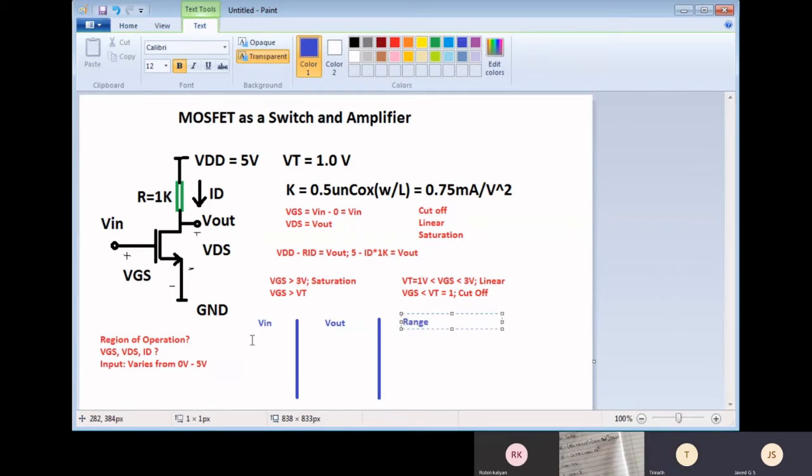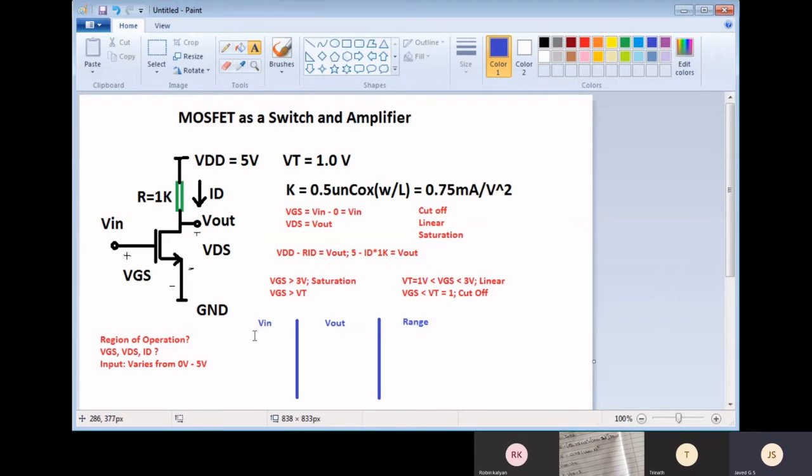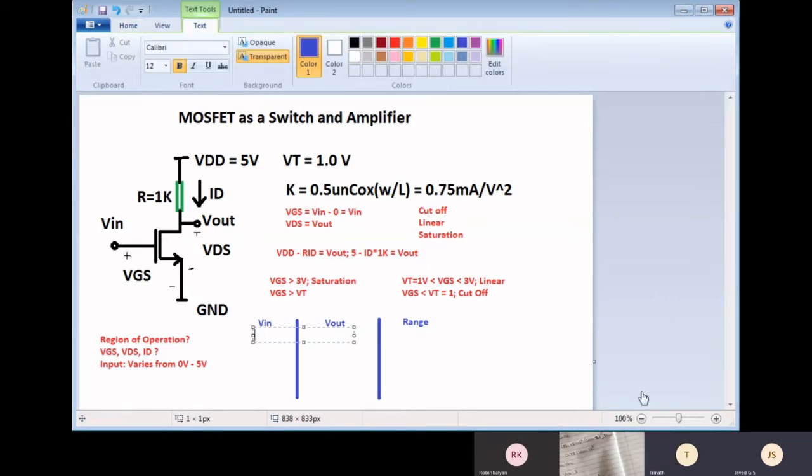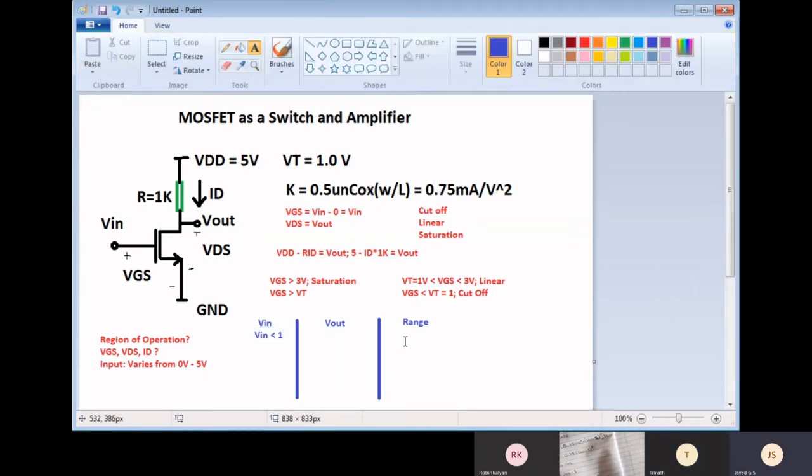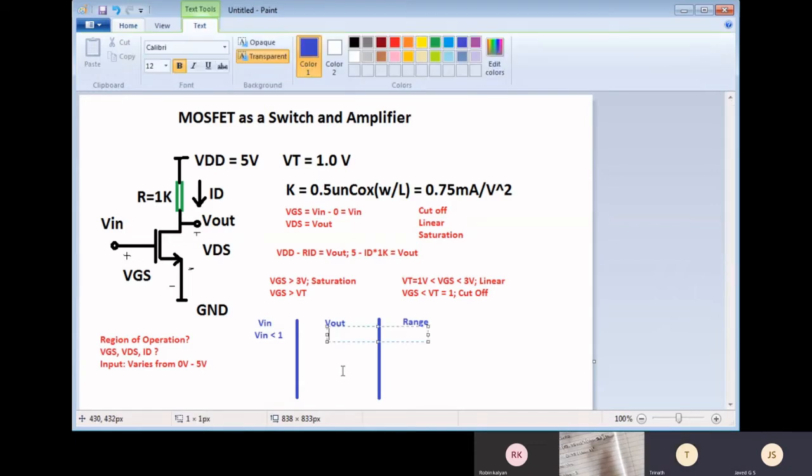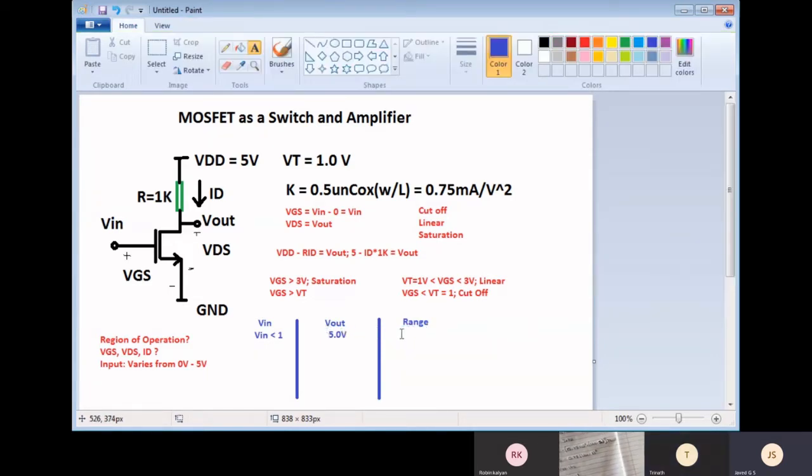If V in is less than 1, V out will be 5 volts, and the range is cutoff.